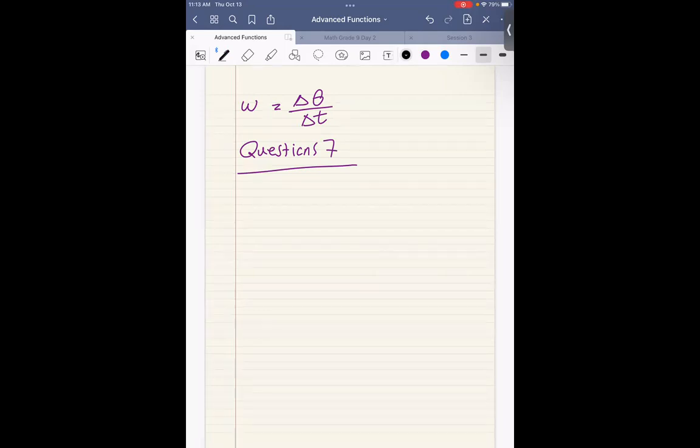One cycle is 2 pi. So you can use this formula, omega is equal to delta theta divided by delta t. The change in angle is just 2 pi, in what time? So it rotates 2 pi in 24 hours.